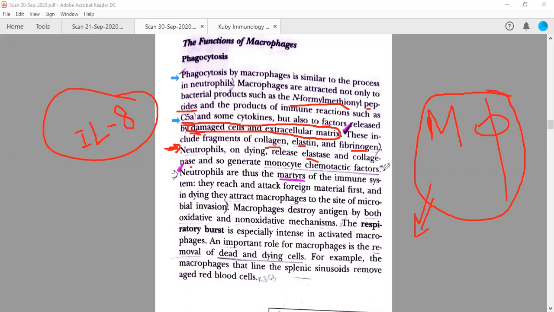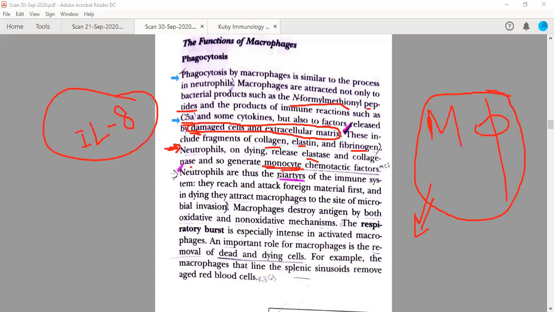These are called MCF, monocyte chemotactic factor. They will attract monocytes from the blood. Monocytes will reach the site of death of the neutrophil and be activated. They will first differentiate into macrophages, and then they will mount an immune response. They will present the antigens, they will perform phagocytosis and so on.